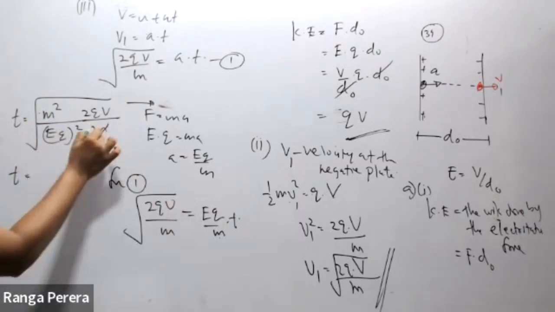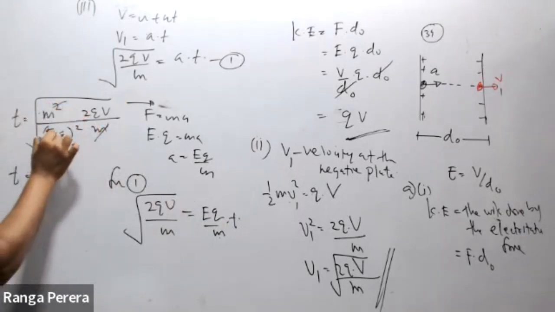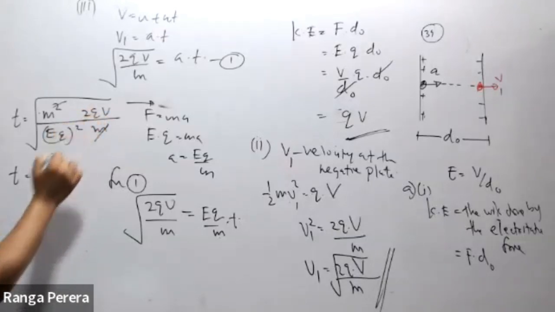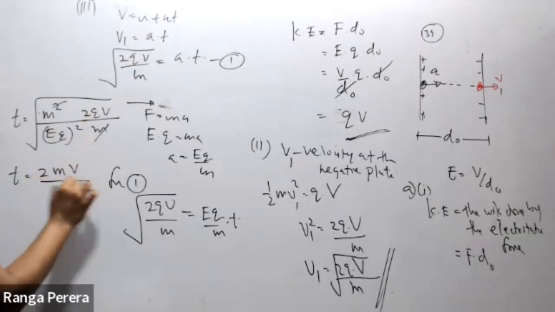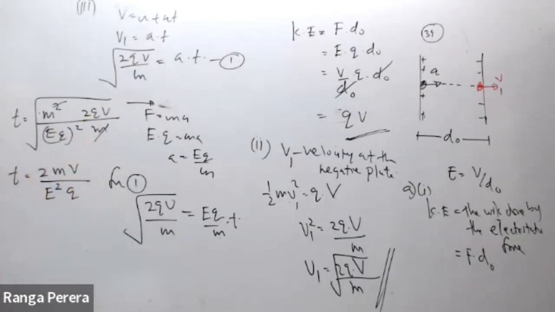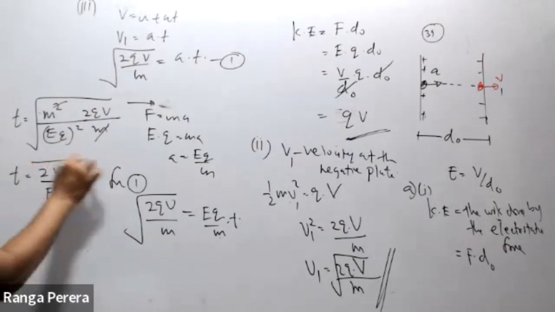T equals, q cancels, one q cancels, so 2mV divided by E squared into q. What is E squared?